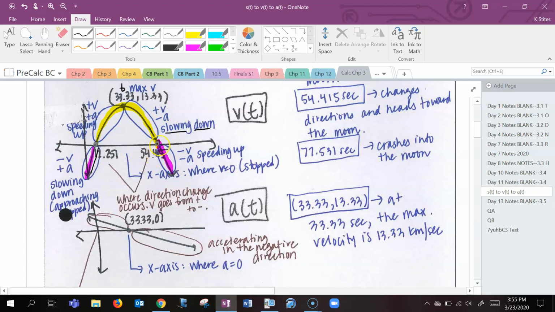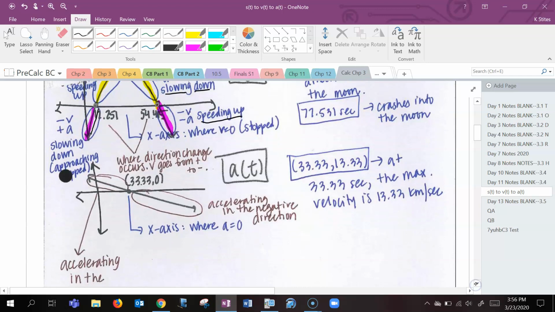And then at 54 seconds, we're going downward because our velocity is negative, and our slope is negative as well, so we have a negative acceleration. Here's where we start speeding up again, because we're moving downwards and our acceleration is pulling us downwards as well.